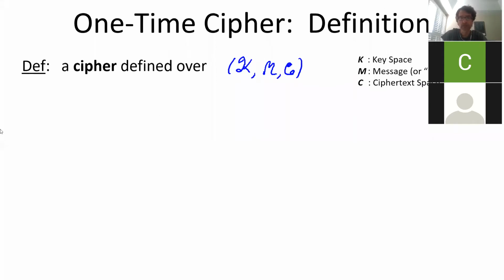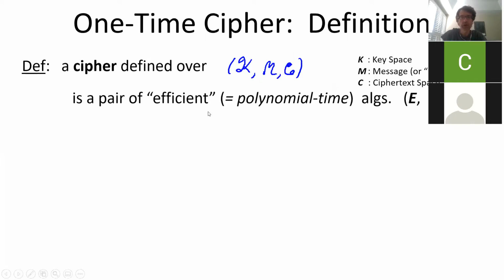And here, the ciphertext space. Well, actually, the ciphertext space is kind of implied by the key space, message space, and the encryption procedure. In addition to these, you have two efficient, which means polynomial time, algorithms, Encrypt and Decrypt. For now, you can think of them as functions, which basically means that you think of them at first as deterministic algorithms.